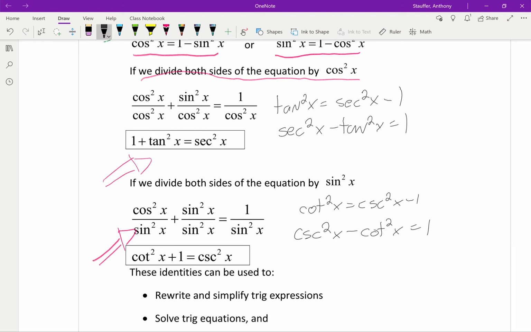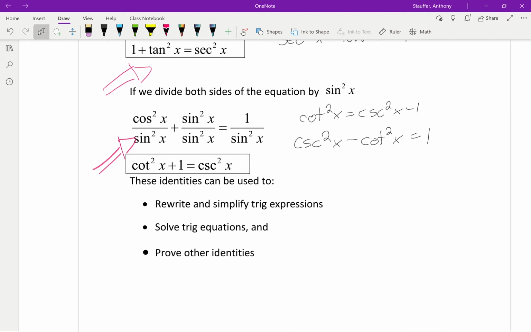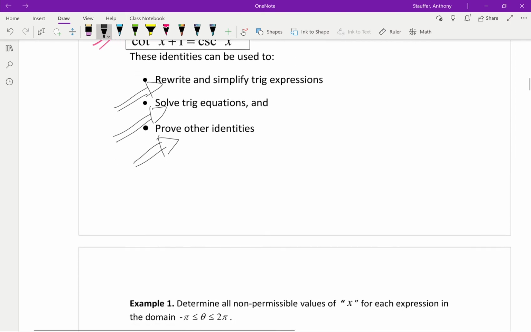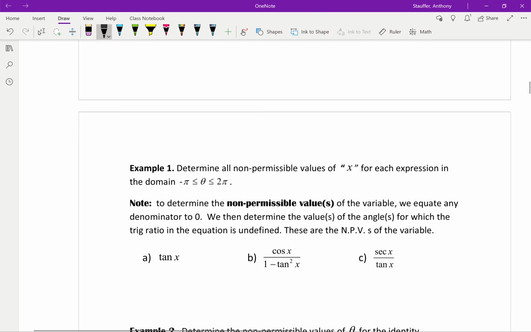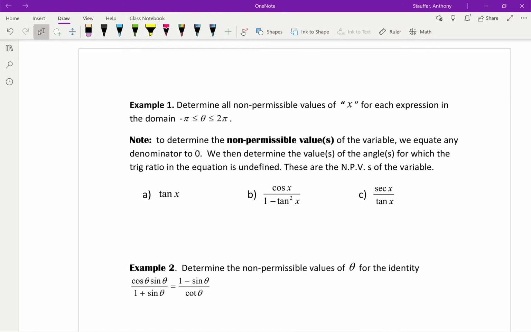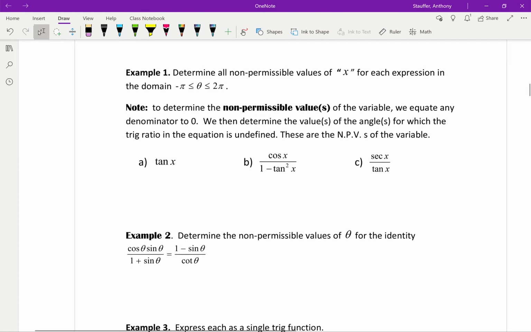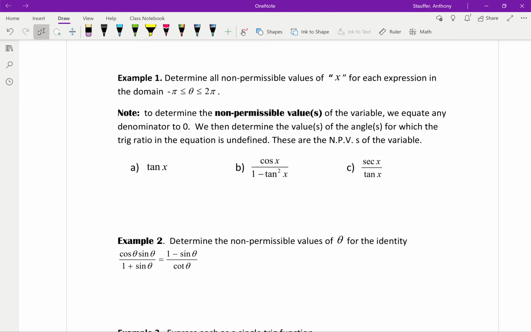Okay? Now we can use these identities to rewrite and simplify trig, solve trig equations, or we can use them to prove other identities, which we will get to in a bit. Now the first question that we're going to look at comes down to the non-permissible values again.